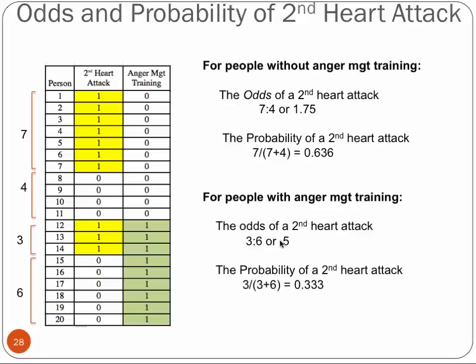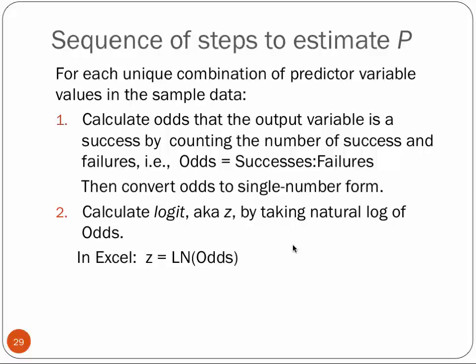We also translated this odds into 1. So it's 0.5. There's 3 people that have a heart attack, in other words, that's the success class in what we're looking for, and there's 6 that don't. So that's 3 to 6, or 0.5. So when odds are translated into single value form, then the odds here are 0.5.